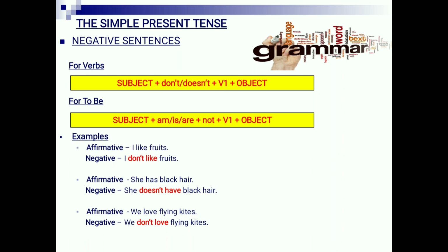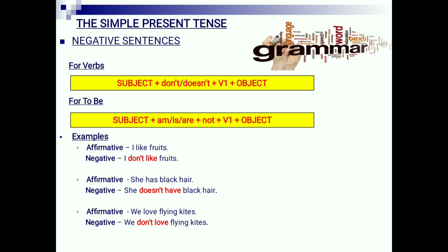Because V1 of has is have. She doesn't have black hair. So does not comes because here the subject is third person singular. That's why the formula for third person singular is subject plus does not plus V1 plus object. So, she does not have black hair.